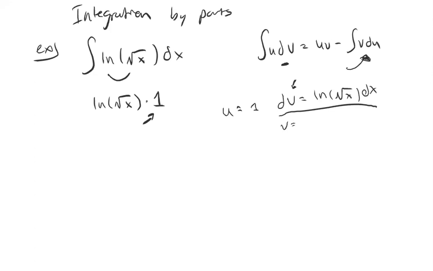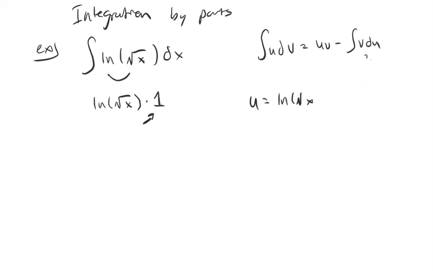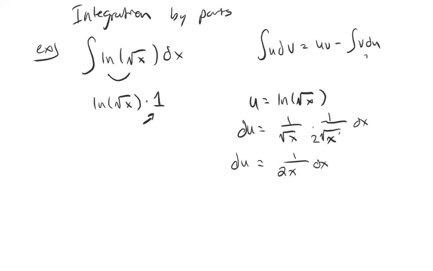But if we turn this on its head and say, okay, let's scrap that, what if u is ln of square root of x? Well, we have that du is 1 over root x times 1 over 2 root x, and dx. So du is 1 over 2x dx.